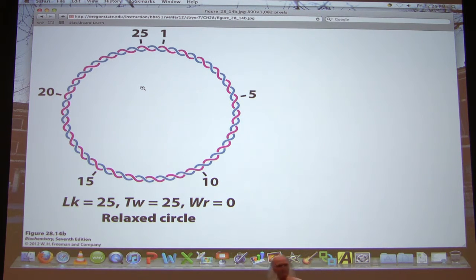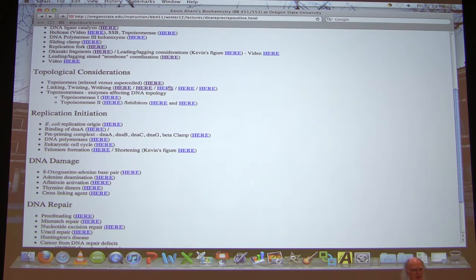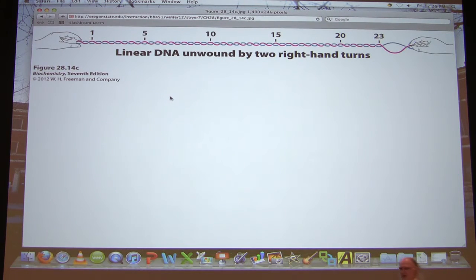Well, in order to understand linking number and writhes, we have to understand what happens if we change things. Let's say I take that same DNA. It had 25 turns. It's got the same number of bases, but now I unravel it a couple times. So now instead of having 25 turns or 25 twists, it now has 23.